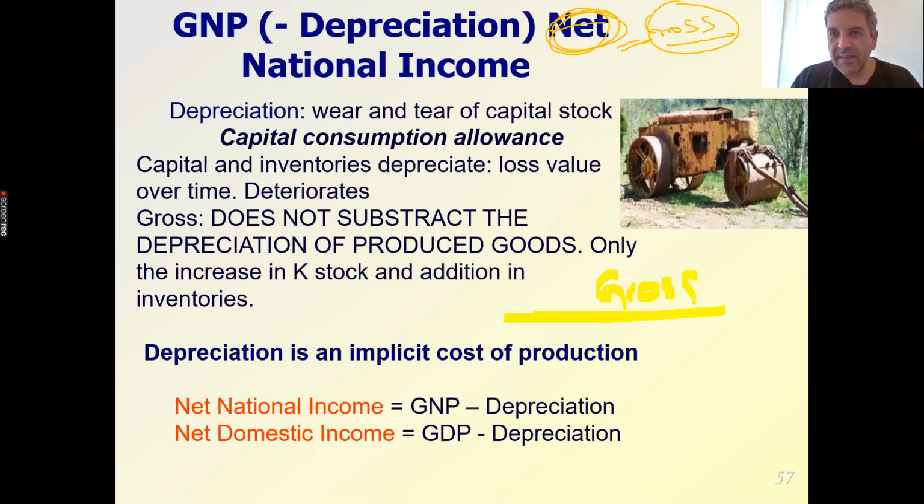We can see that, for example, in this picture. If we're thinking about the tractors or the buildings or the machines that a factory is using, those are starting to wear off as they are used over time. So if we want to measure the real amount of money that a country is making in a year, we need to subtract the depreciation of the machinery or the capital goods that the country has.